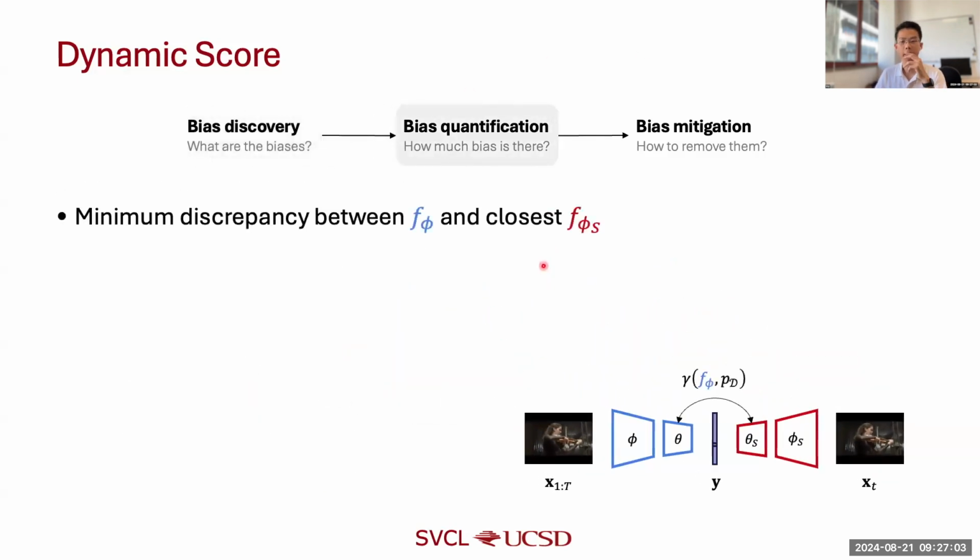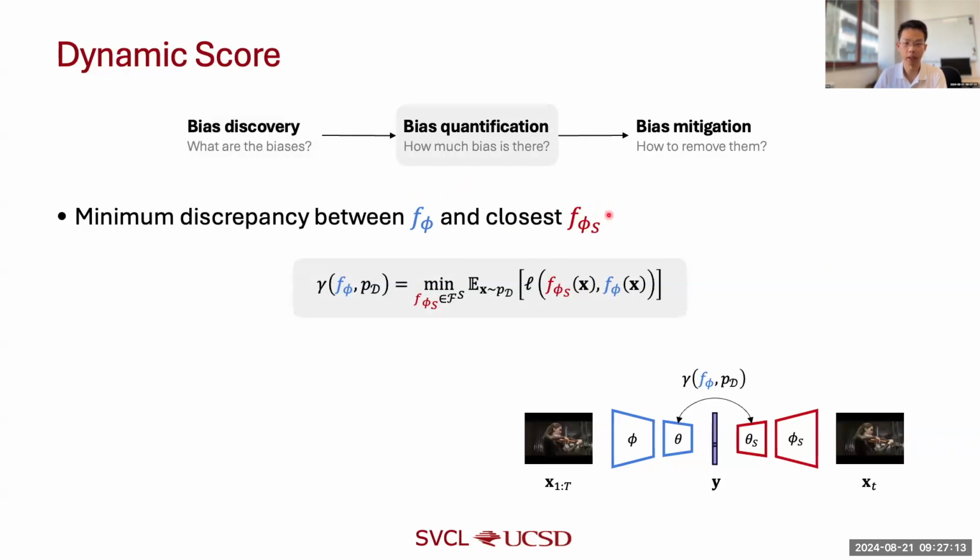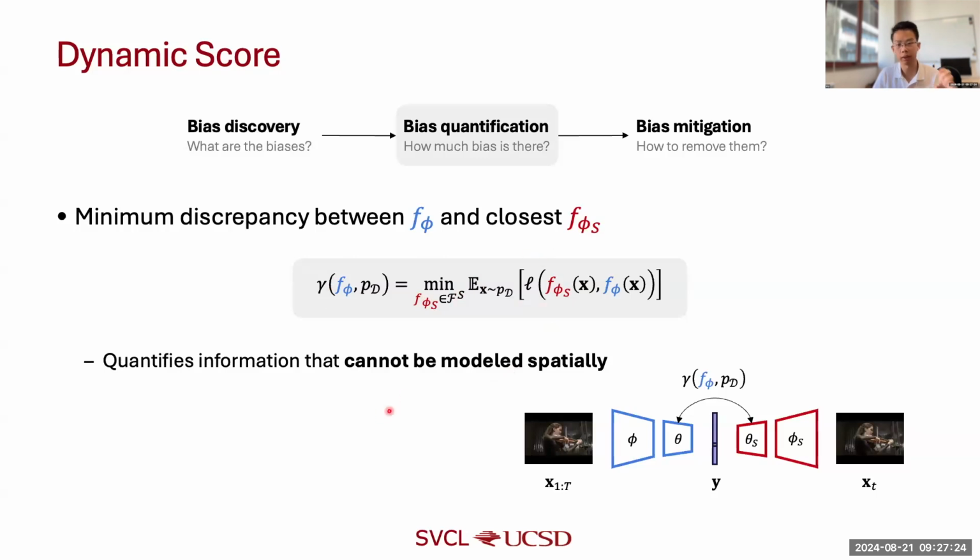Motivated by this, we define the dynamic score gamma of video model F as the disagreement between F and its closest spatial model F_S. This is measured using a distillation loss, such as a KL divergence. Intuitively, the dynamic score quantifies the amount of information that cannot be modeled in pure spatial manners, for example, using an image classifier.